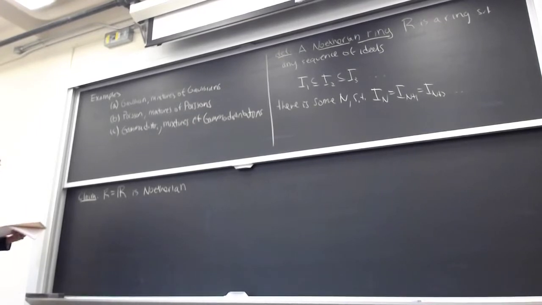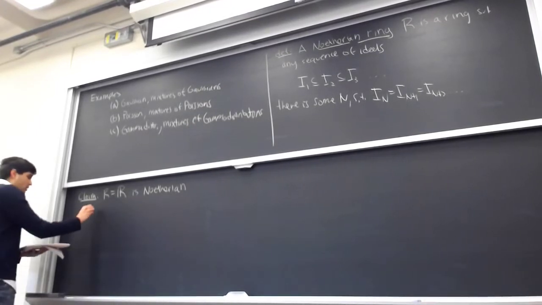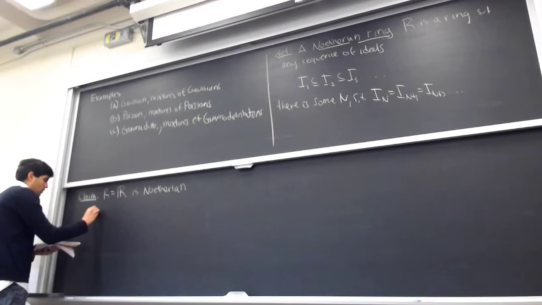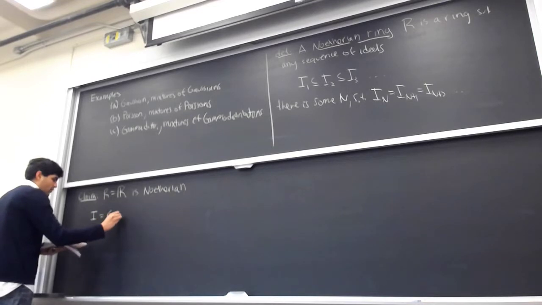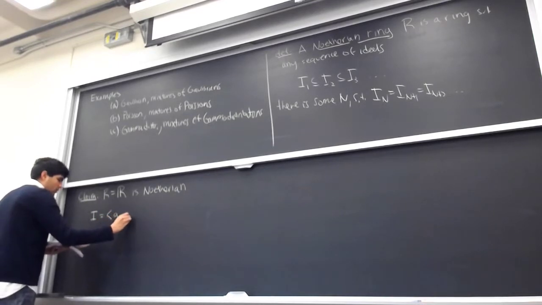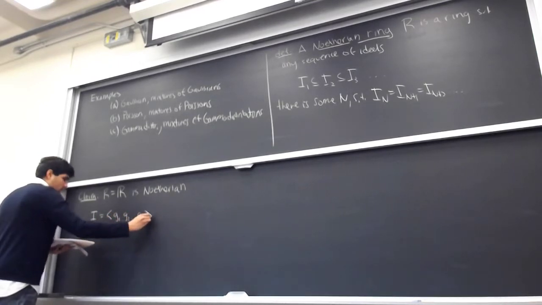So the way to think about this is that, imagine I have some ideal I, which is generated by G1, G2 up to Gn.